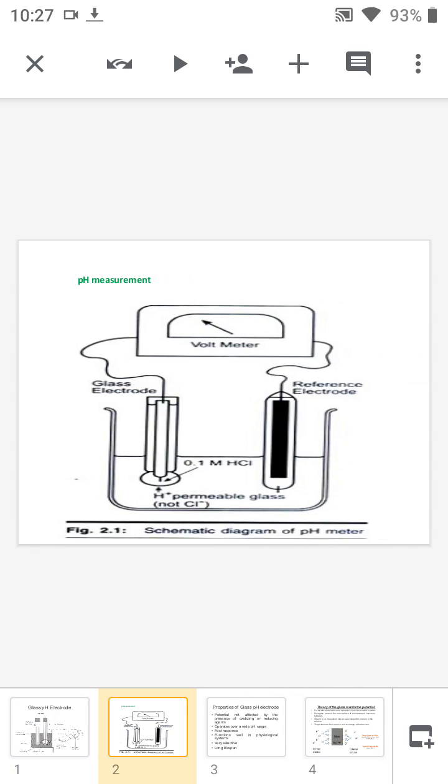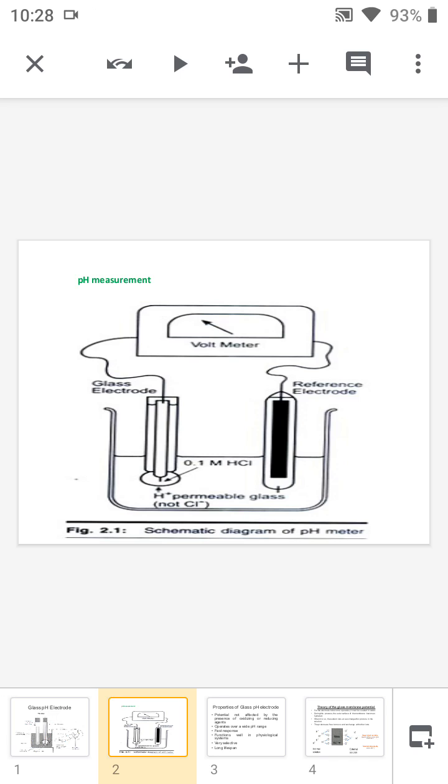Now when we dip it in the analyte solution, if it is an acid, it definitely contains H plus ions. This H plus ion interacts with the membrane, and the H plus ions make a weak bond with the membrane of the glass electrode.